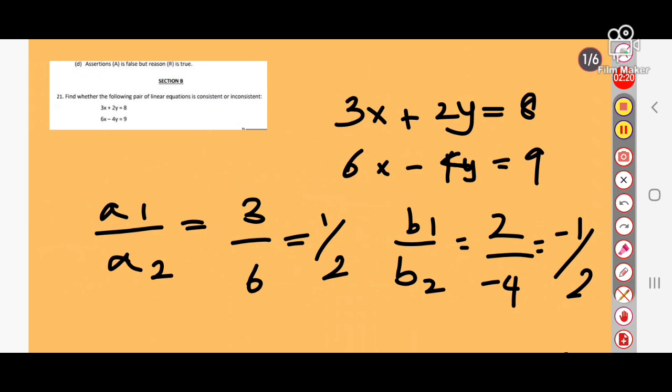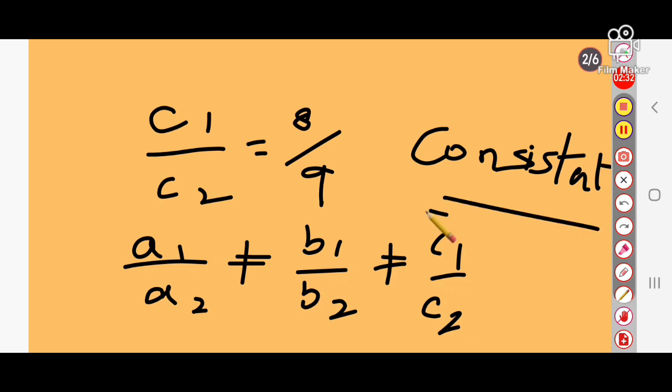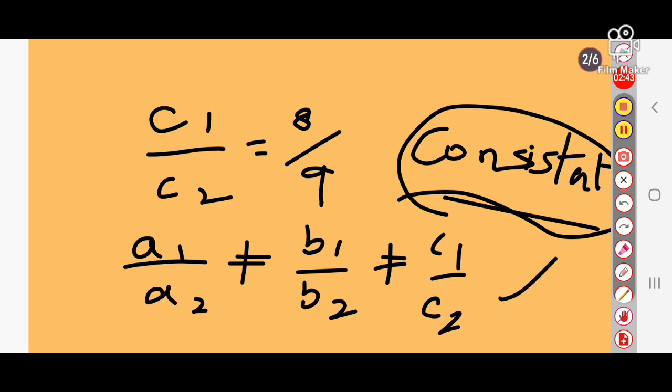So by this we can come to the conclusion that this is a consistent equation. Why? Because for a consistent equation, a1 by a2 is not equal to b1 by b2, which is not equal to c1 by c2.